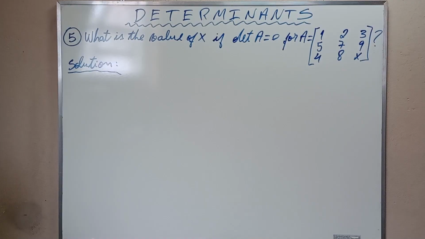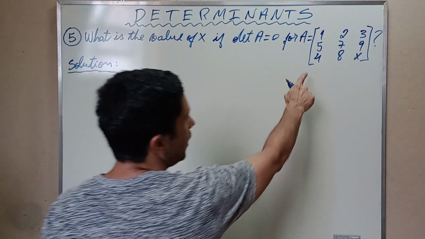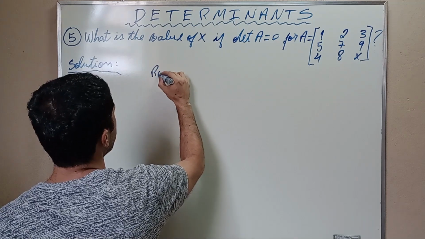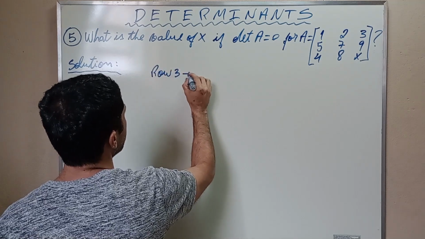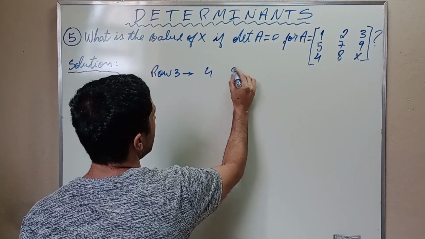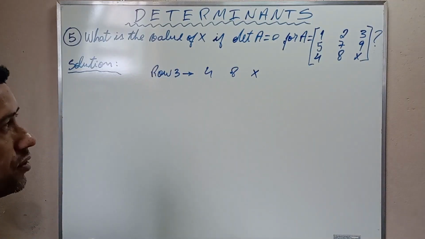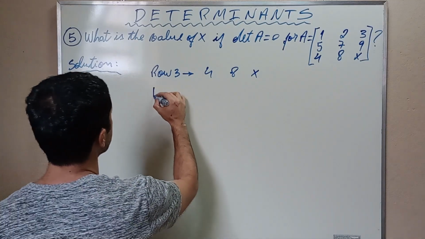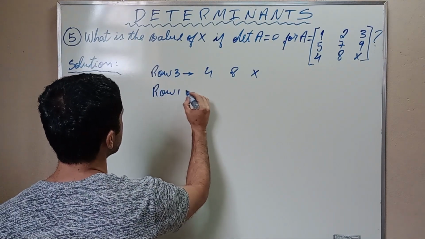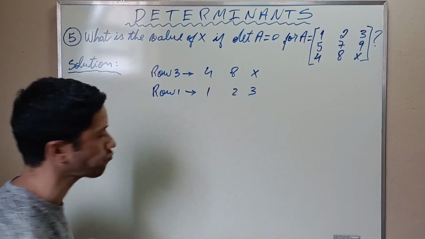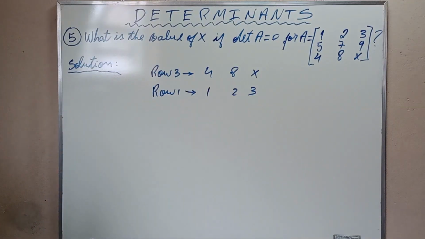Observe that, let's take this row here, row 3, 4, 8, and x. And let's take row 1, 1, 2, and 3. What if I multiply row 1 by 4?